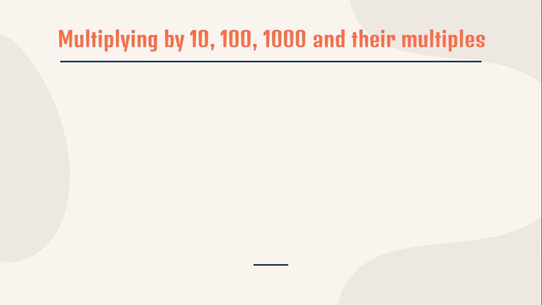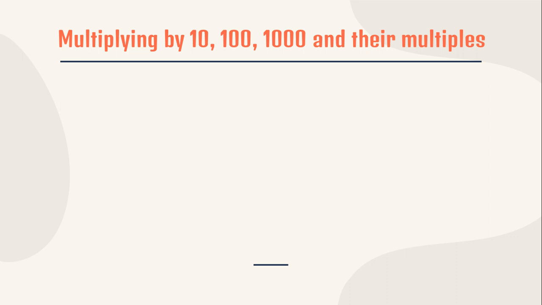We will learn about the multiplication by 10, 100, thousands and their multiples. But multiplication, we have mastered it, right? You have mastered it, right? At first, in the first grade, you learned about the concept of multiplication, and it goes on.